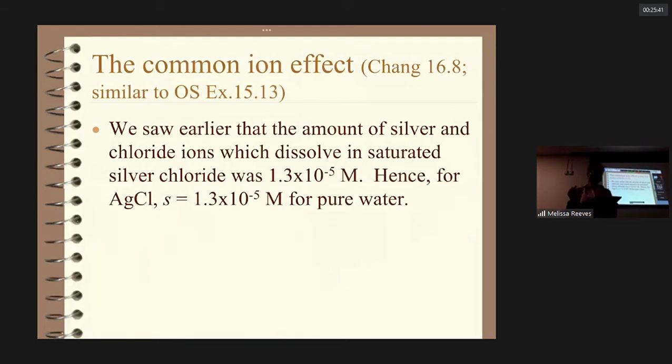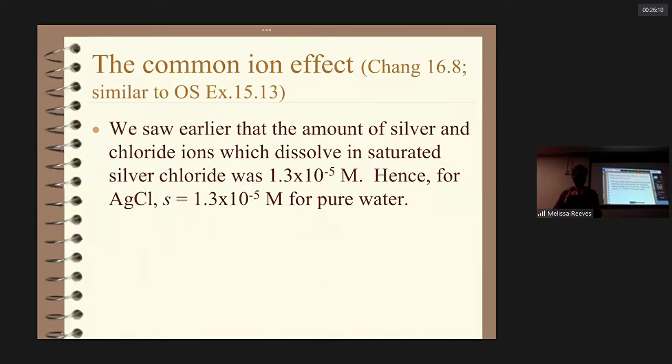So we saw earlier, and by earlier, I mean like on Monday, that the amount of silver and chloride ions which can dissolve in a saturated silver chloride solution was 1.3 times 10 to the minus 5 molar. That's like the 1st or 2nd slide in this PowerPoint, so you have to back way up. For silver chloride, the molar solubility in pure water is 1.3 times 10 to the minus 5 molar.